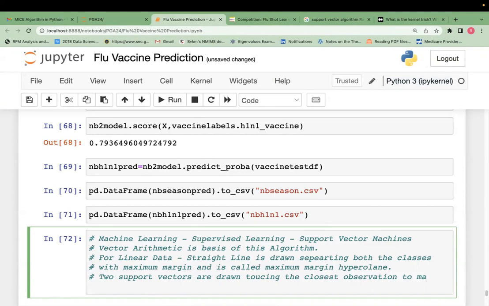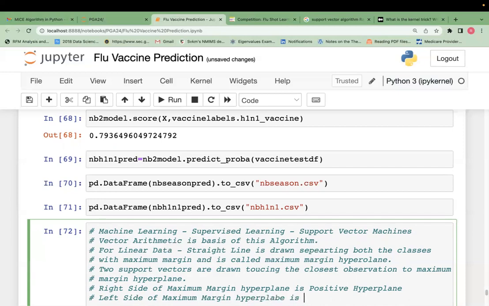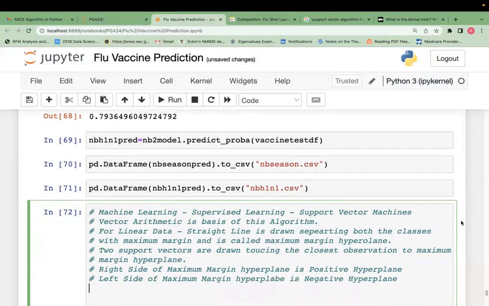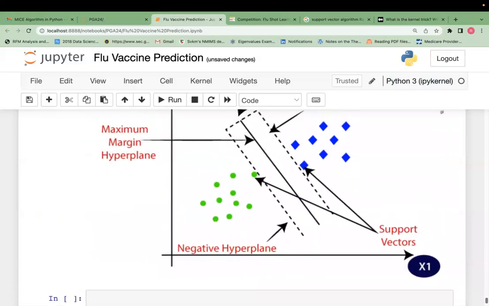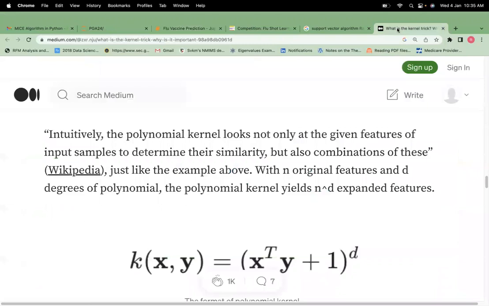Observations on the positive side of the maximum margin hyperplane are positive, and on the left side of the maximum margin hyperplane are negative. That is what we found for a linear example. Now, how does it do the calculation?